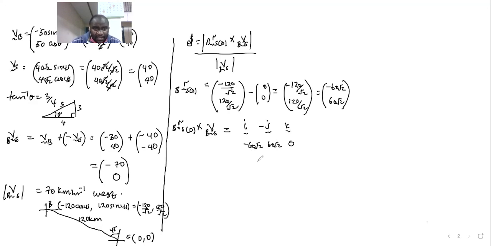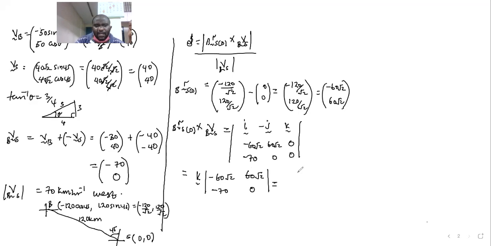Then the relative velocity had negative 70, 0, and another 0. Then get this determinant. But those of us who were there last time, we said if they have only 2 coordinates, then just choose the last one, which is k, and you'll have negative 60 root 2, 60 root 2, negative 70, 0.